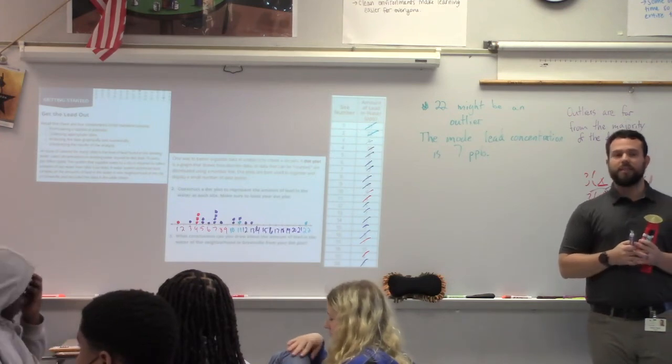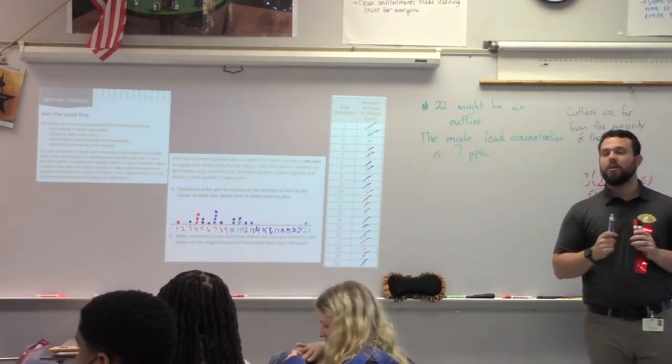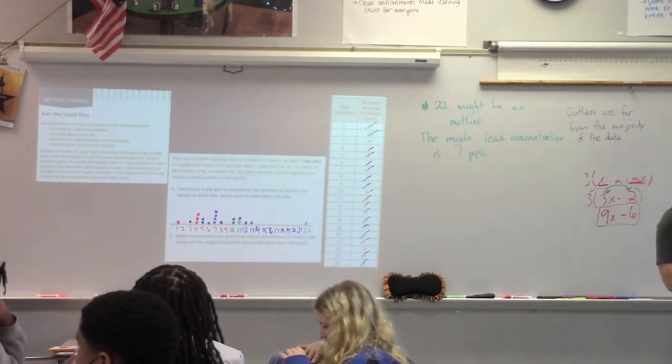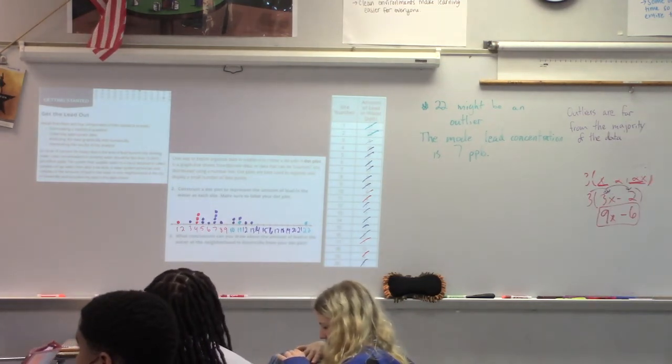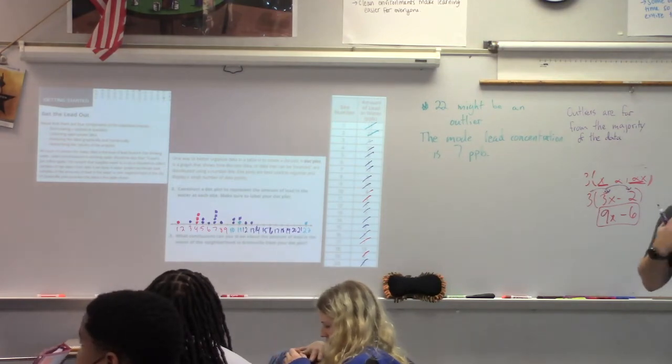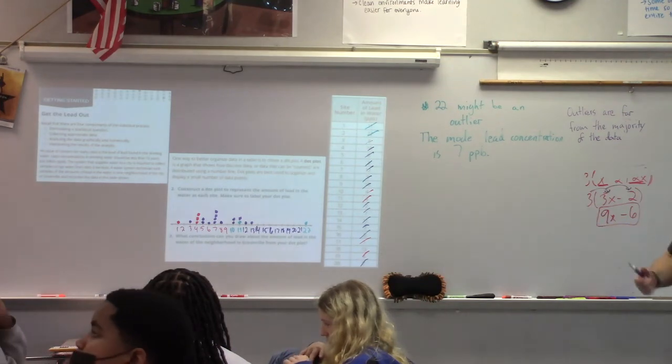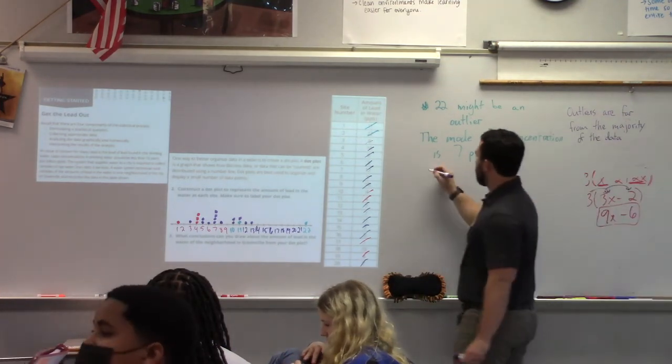Okay, so most sites have a lead concentration under 15. And I will agree that 15 is important because, again, that was the limit, right? But not just most of the sites. All but how many were below 15? All but one, the 22, right? So all but one.